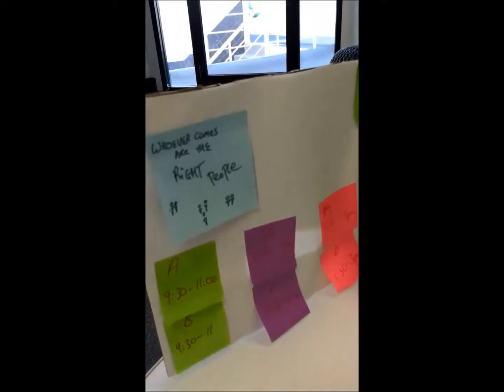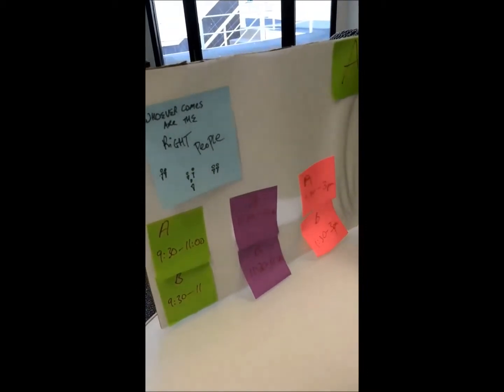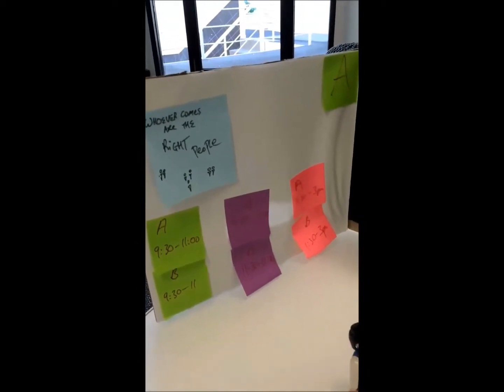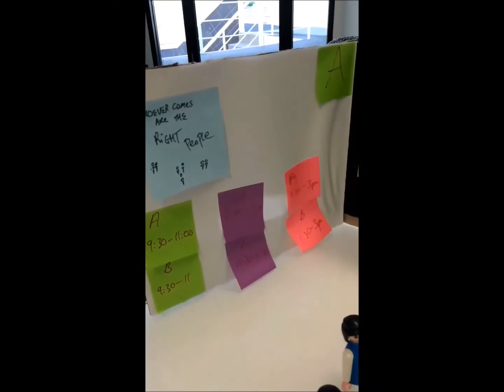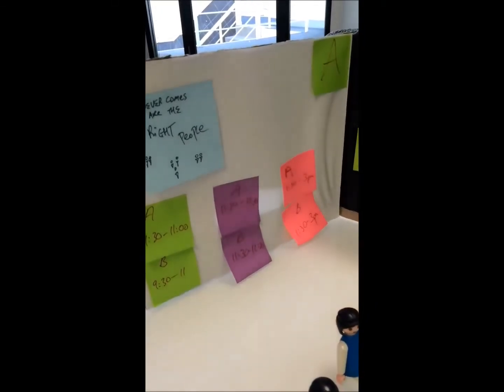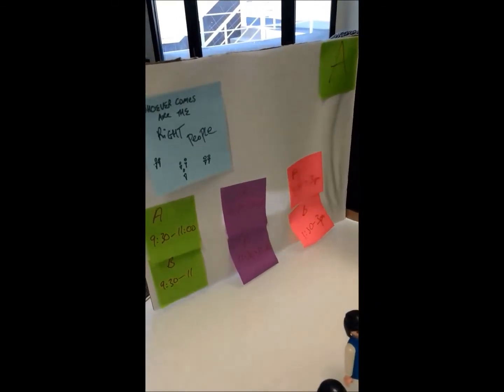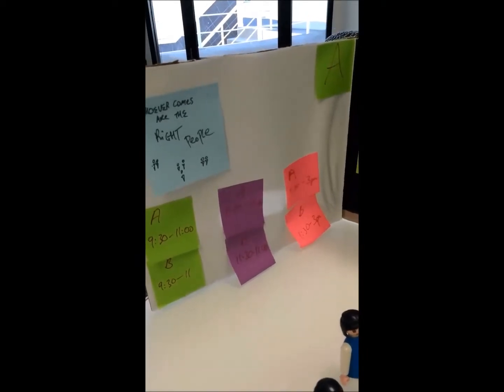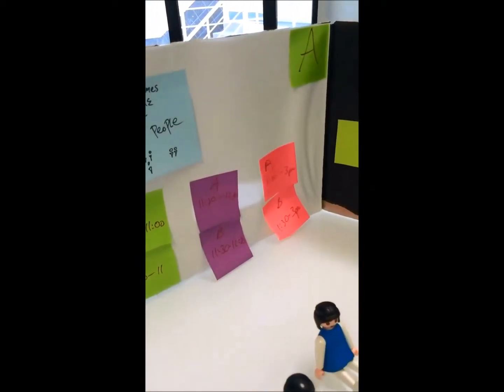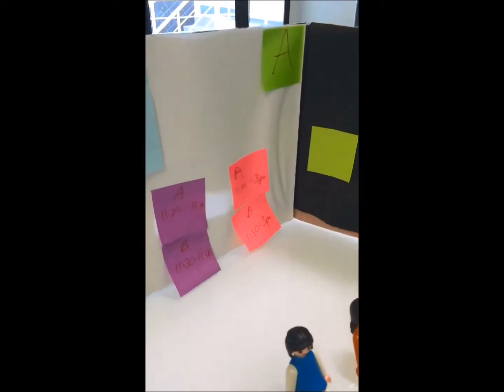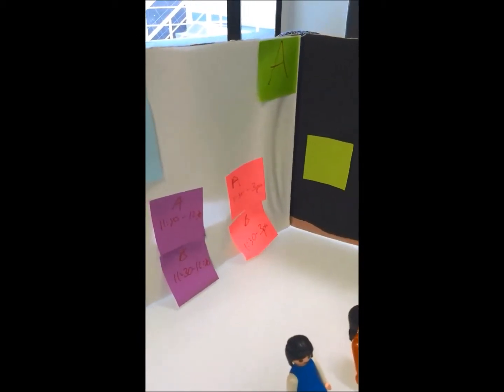And then over here, we have the different timings that are posted on the different walls. So you might have space A, which has sessions running from 9:30 to 11, and then a different color code for 11:30 to 12:30, and then so on and so forth till 3 o'clock.